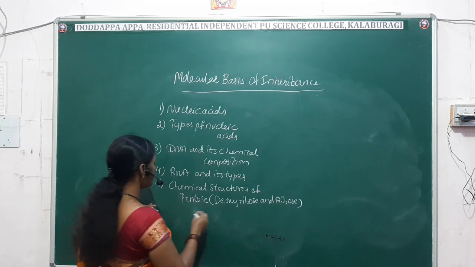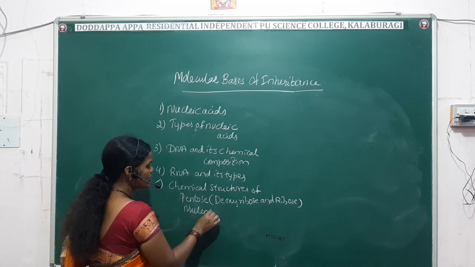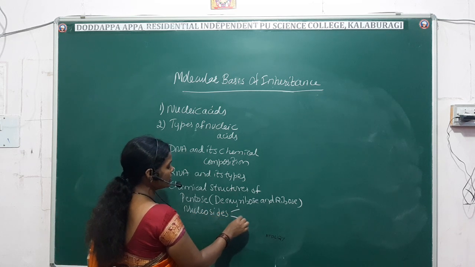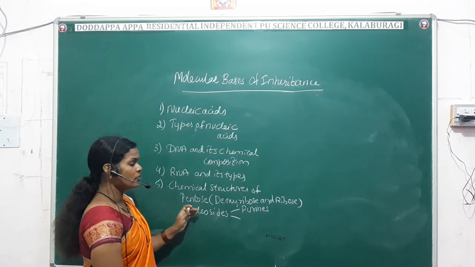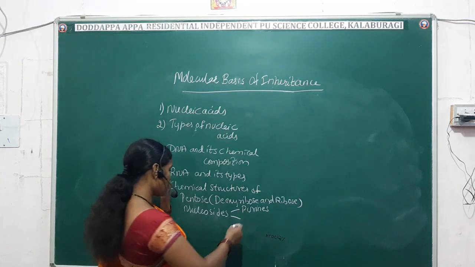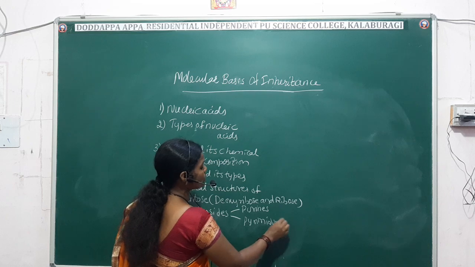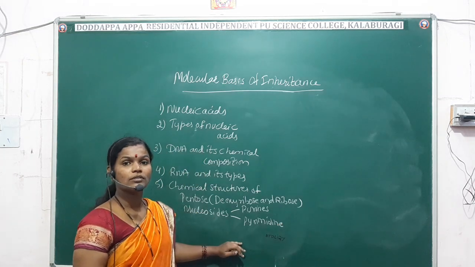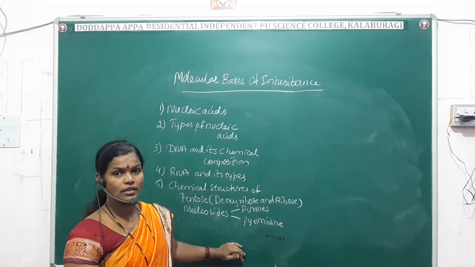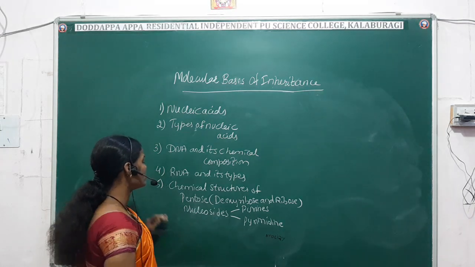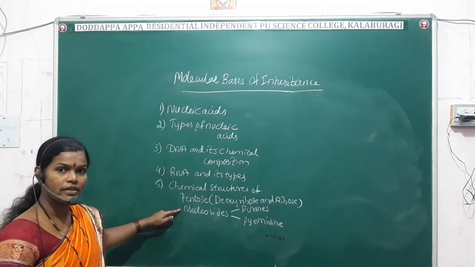Then we saw the nitrogen bases, purines and pyrimidines. Purines are heterocyclic compounds with two rings, the pyrimidine and the imidazole ring. The pyrimidine is a structure with four carbon atoms and two nitrogen atoms. This much we saw in yesterday's class.